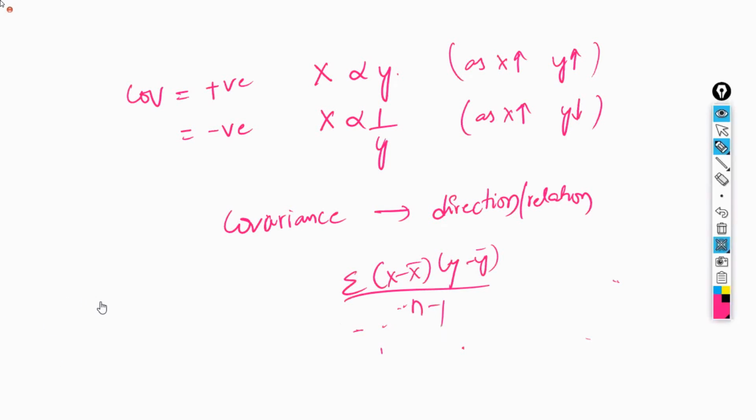For population data, it is (x minus mu of x) and (y minus mu of y) divided by capital N. That's it. This is population. That is called covariance. Is that clear? Covariance.